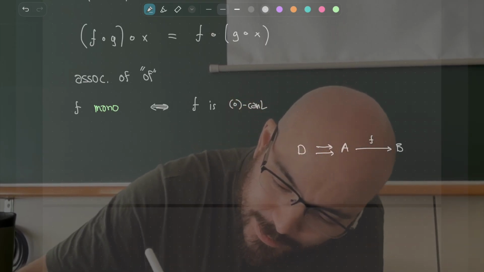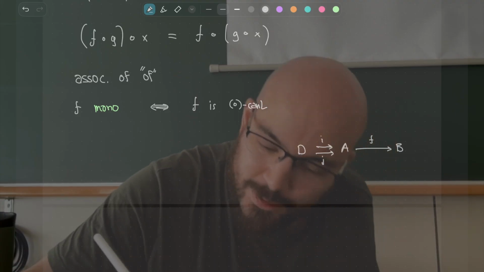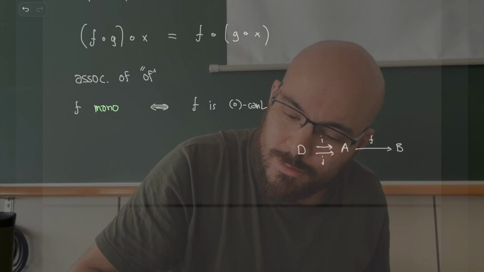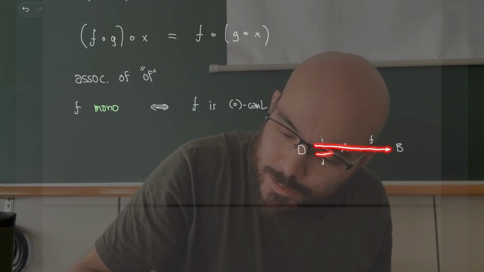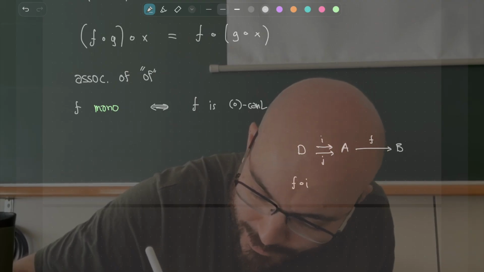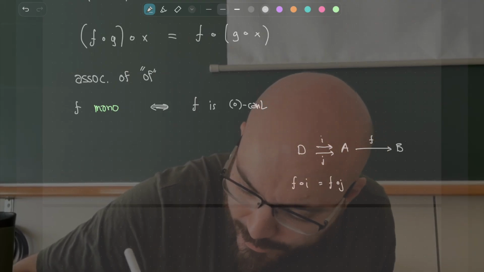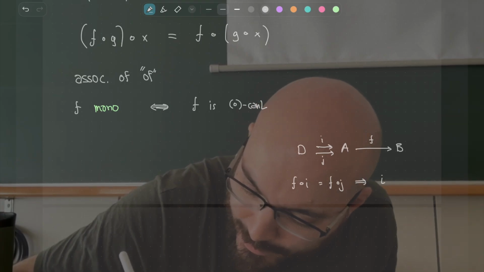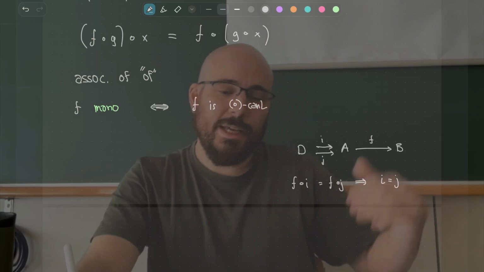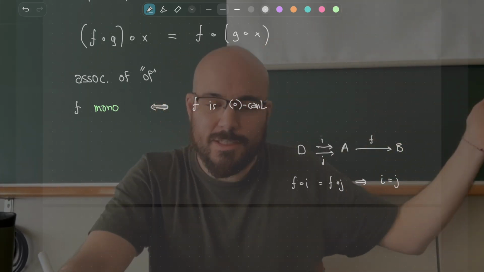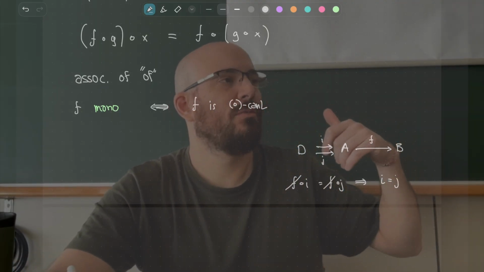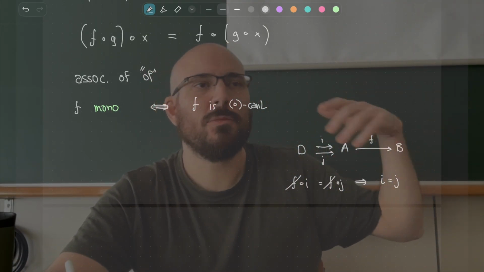So if you have i and j, if you have this diagram, and if this commutes, what does the commute mean? This is equal to this. So f of i is equal to f of j implies that i and j were already equal to begin with. So any f that satisfies this is cancelable on the left by this. I will call it mono, and that's what monomorphism means.